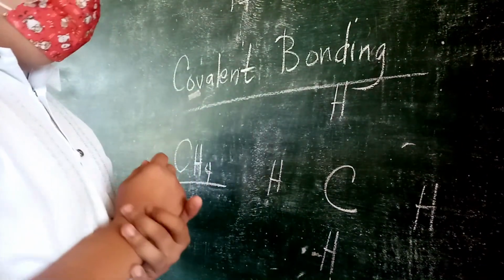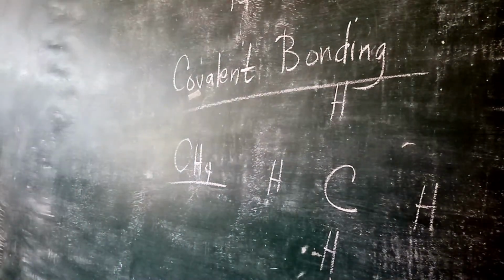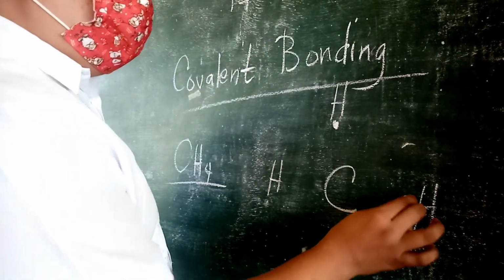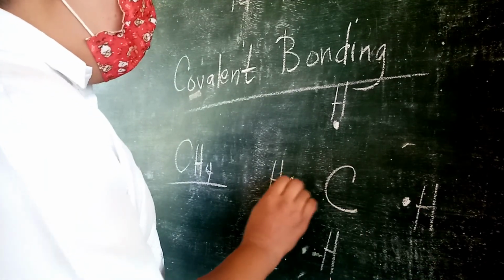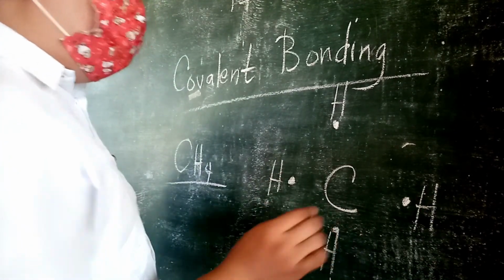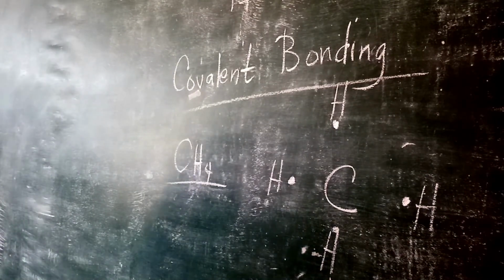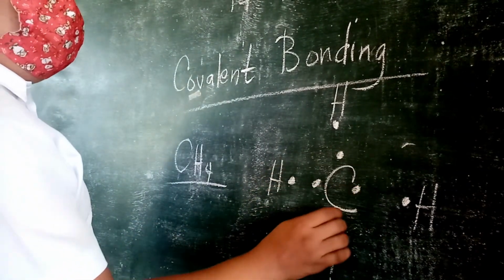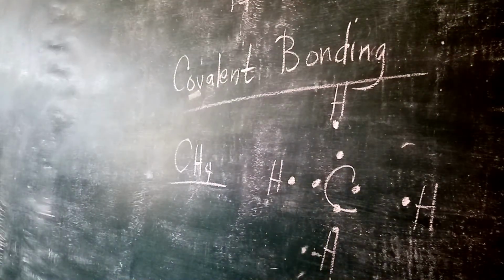Okay, so let's surround each element with their valence electrons. Hydrogen, one here, one here, one here. Carbon has four. 1, 2, 3, 4. So let's connect the dots.